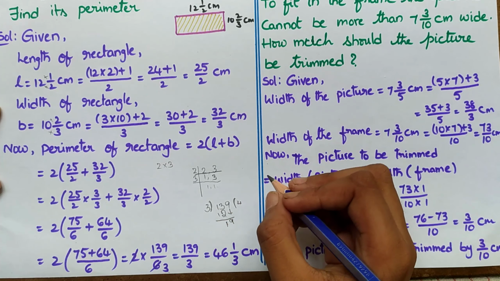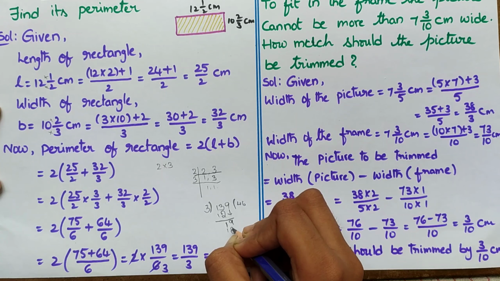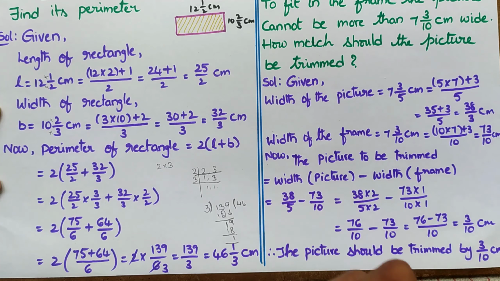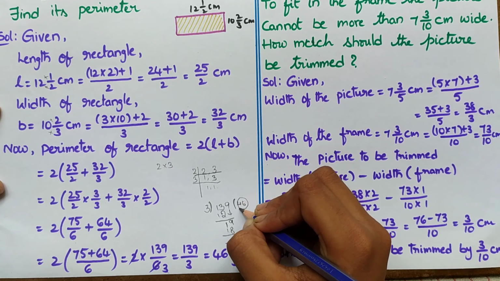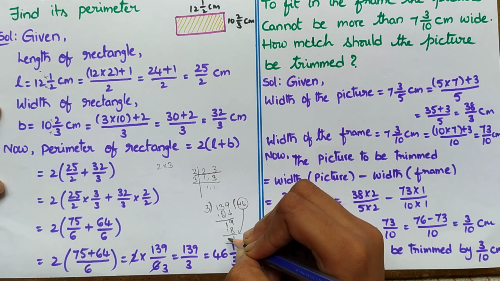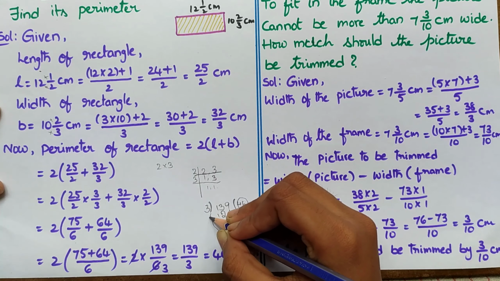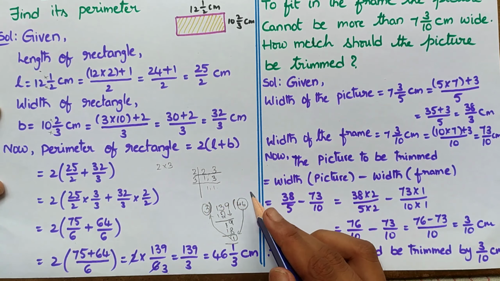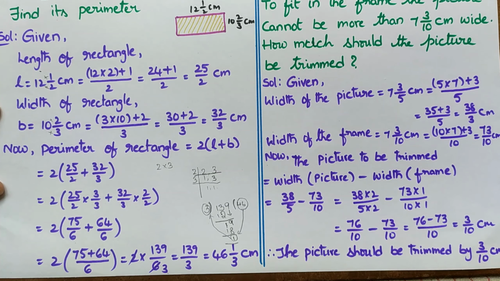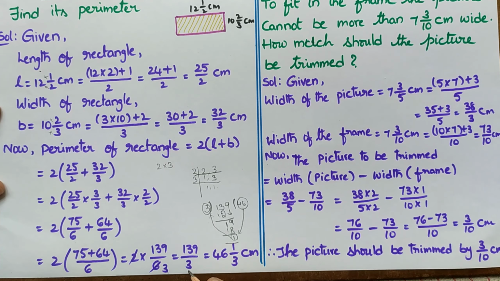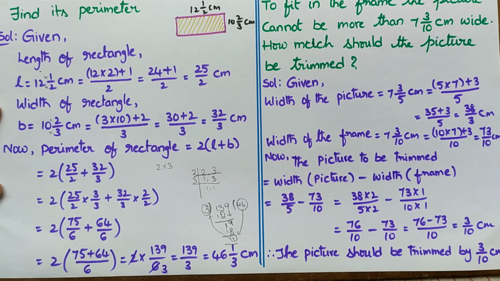Then 3 6s are 18, and finally 1 is the remainder. So we write from right to left: 46 1/3 centimeters. So 139/3, by converting into a mixed fraction, we get 46 1/3 centimeters.